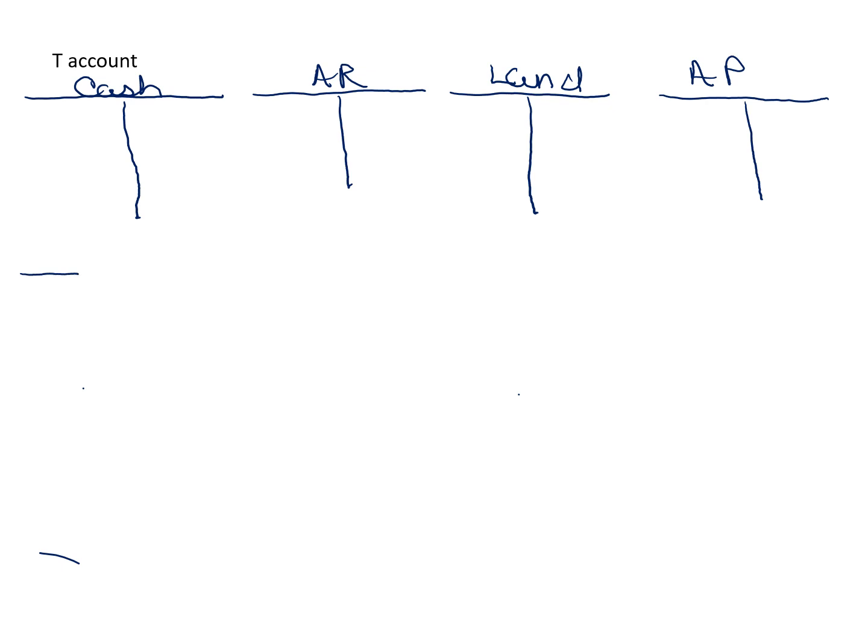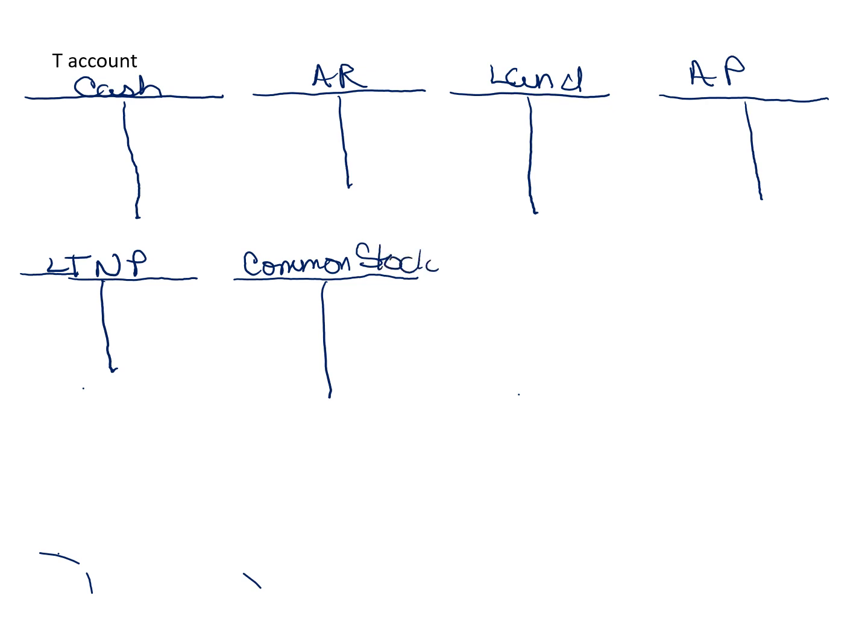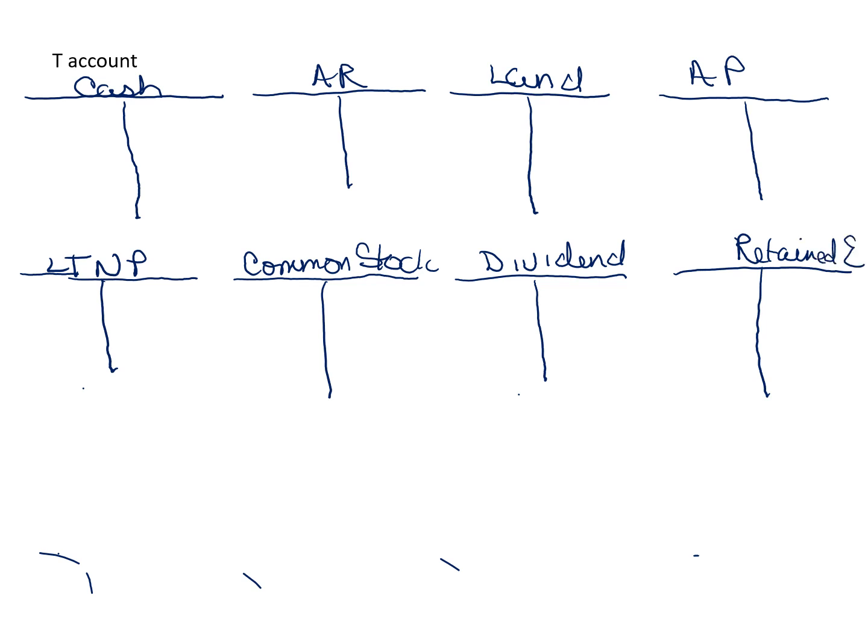We also have a T account for long-term note payable. We also had transactions for common stock. We also had a dividend transaction. We also will need retained earnings.